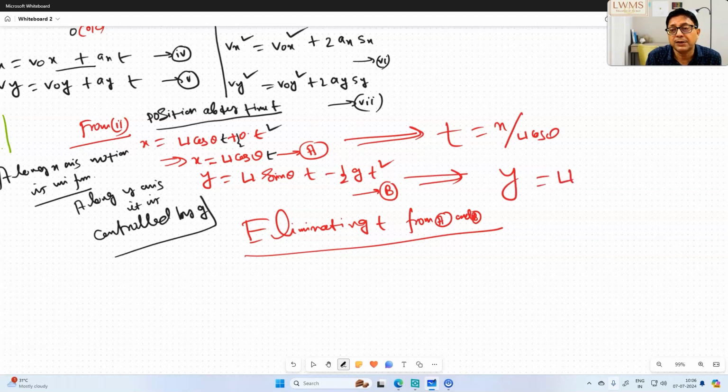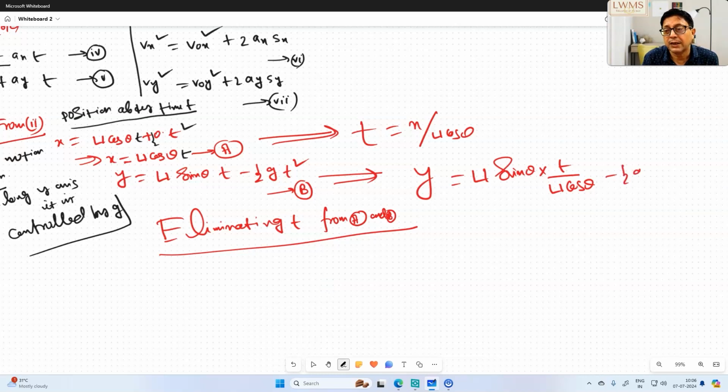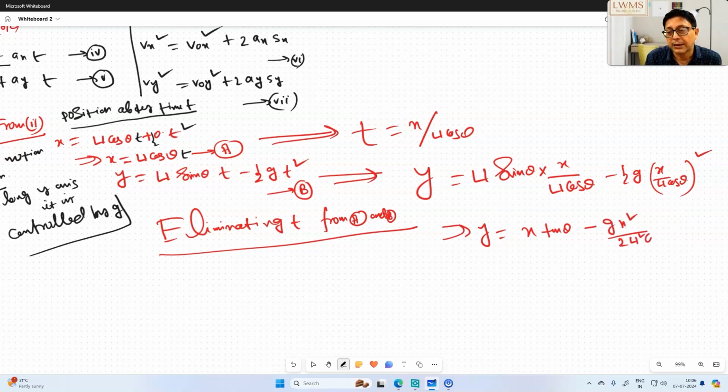Y going to be what? u sin theta into t, that is x by u cos theta, minus half g, wait a minute, t we have taken as x by u cos theta, so you are replacing t by x by u cos theta. So this is going to be y equal to x tan theta minus g x square by 2u square cos square theta.